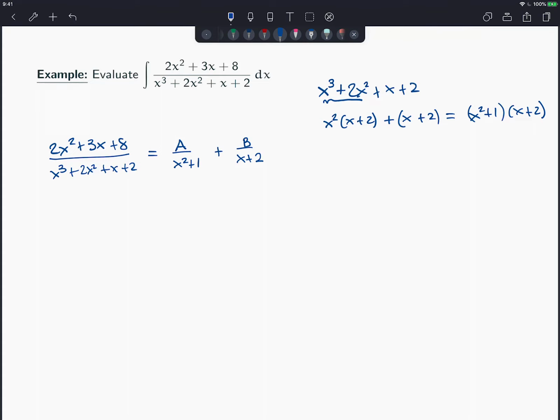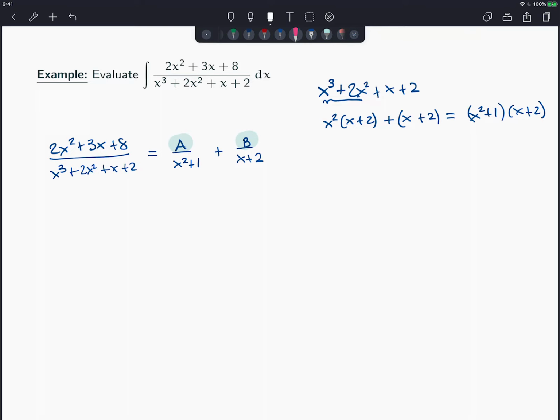Now, I wrote this on purpose like that, but this is not the correct way to set this up, because my numerators don't have to be constants. In this case, it is constant because it has to be lower than the denominator. So if the denominator is power 1, the numerator should have power 0. But on the second one, if the denominator is power 2, the numerator should have power of 1. So this is not the correct way to set this up.